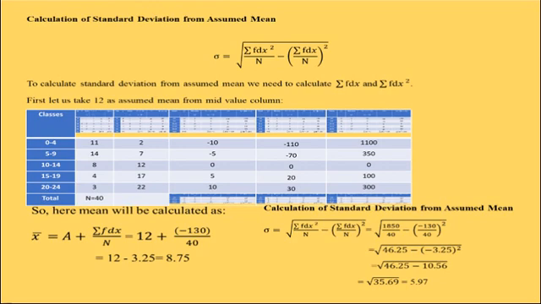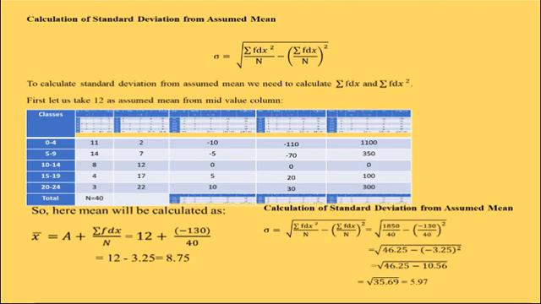Now, in order to understand calculation of standard deviation from assumed mean, we have taken the same example which we have taken in earlier slide. The formula for calculating standard deviation from assumed mean is sigma is equal to under root summation f dx square divided by n minus summation f dx divided by n raised to power 2.